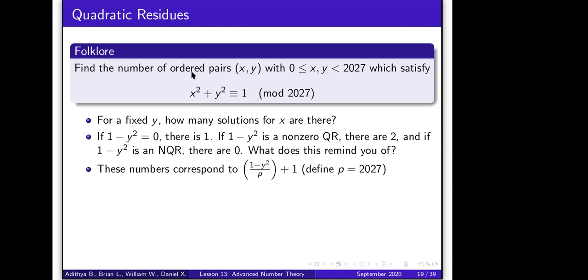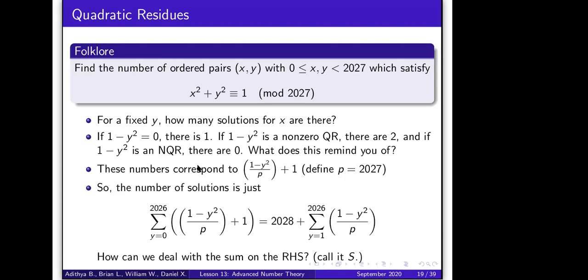So now we can write the number of total solutions as the sum from y equals 0 to 2026 of ((1 minus y squared)/p) plus 1. And we're just going to move all the plus 1s out as well as y equals 0. So this becomes the sum from y equals 1 to 2026 of ((1 minus y squared)/p), and then we just add 2028.